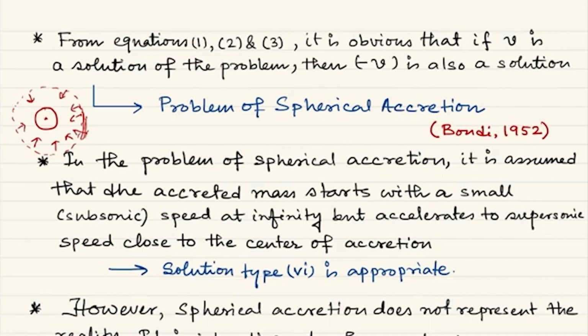So this is the problem of spherical accretion, which starts with subsonic speed at infinity, but finally accelerates to supersonic speed close to the center of the accretion.